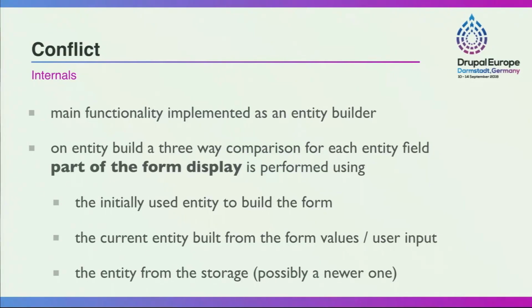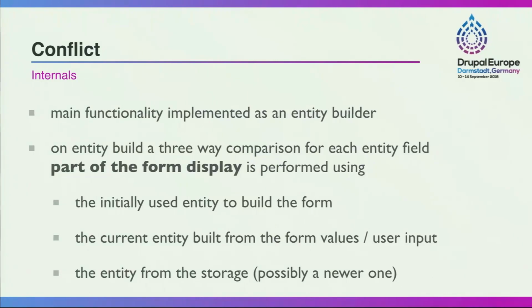And for that, we need the field values of three entities. The first is the initial one that has been used to generate the form. The second is the one that is being generated by the current entity form. And the third one is the entity from the storage, the entity that probably has been saved in the meanwhile by another user with some modifications.